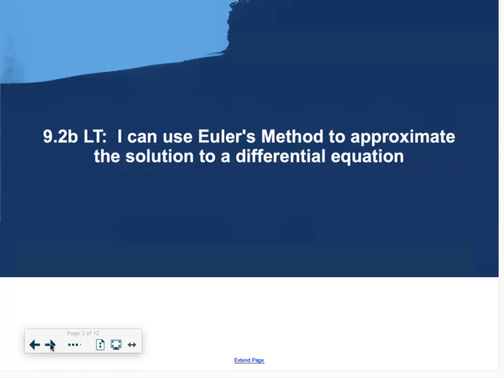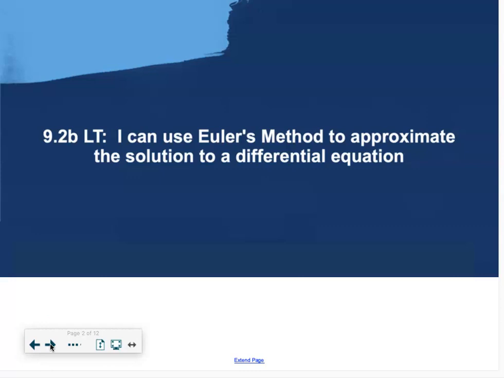It's not Euler. Did you ever have a math teacher that called him Euler? His first name was Leonard.